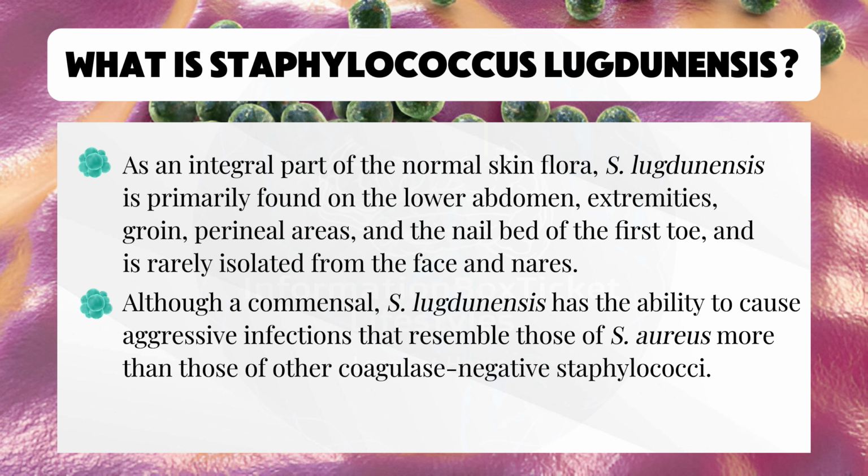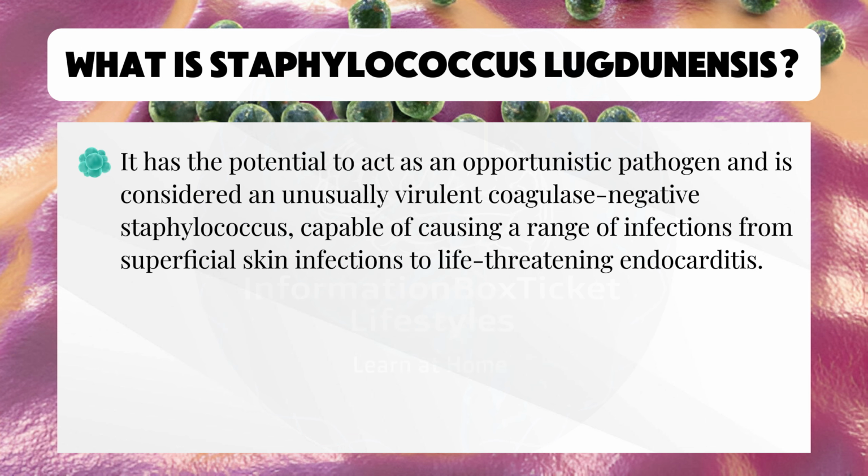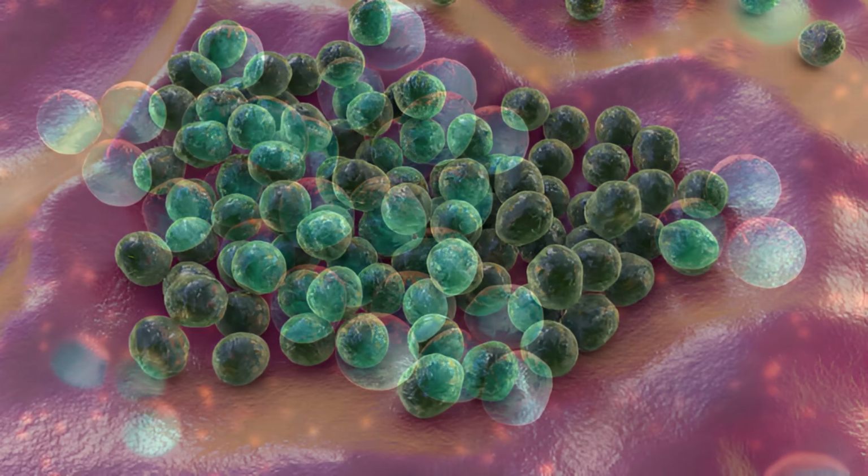Although a commensal, Staphylococcus lugdunensis has the ability to cause aggressive infections that resemble those of Staphylococcus aureus more than those of other coagulase-negative staphylococci. It has the potential to act as an opportunistic pathogen and is considered an unusually virulent coagulase-negative staphylococcus, capable of causing a range of infections from superficial skin infections to life-threatening endocarditis.